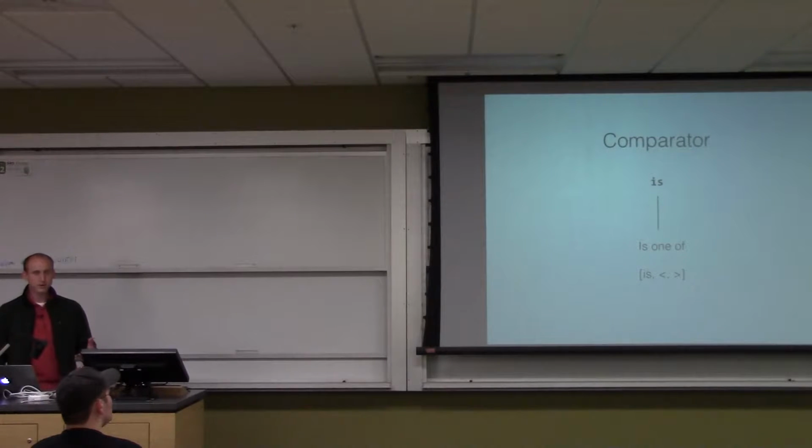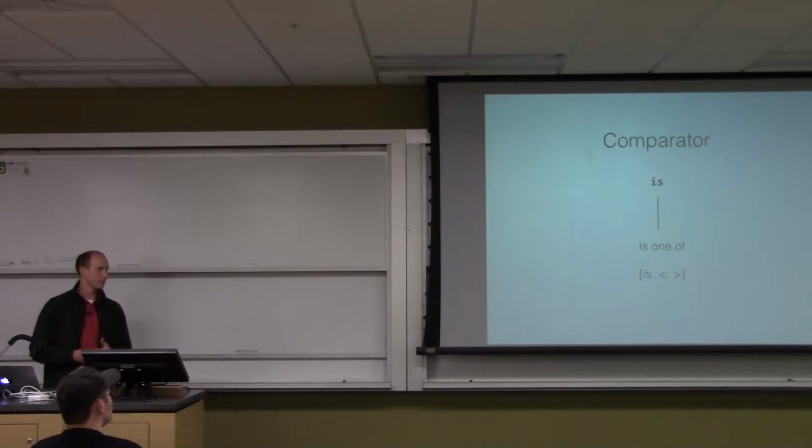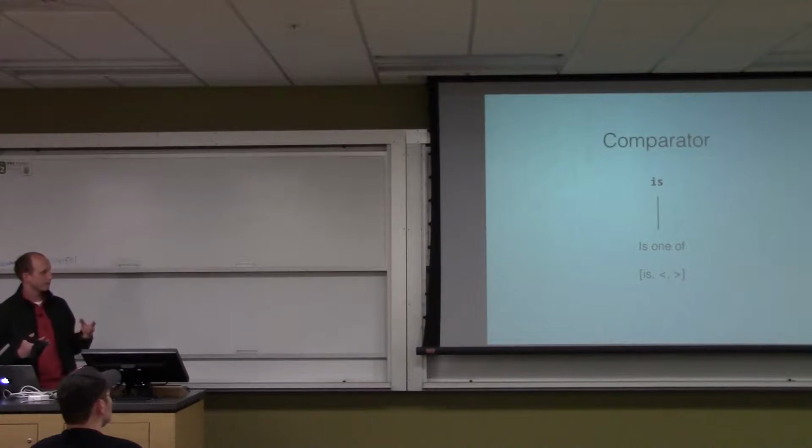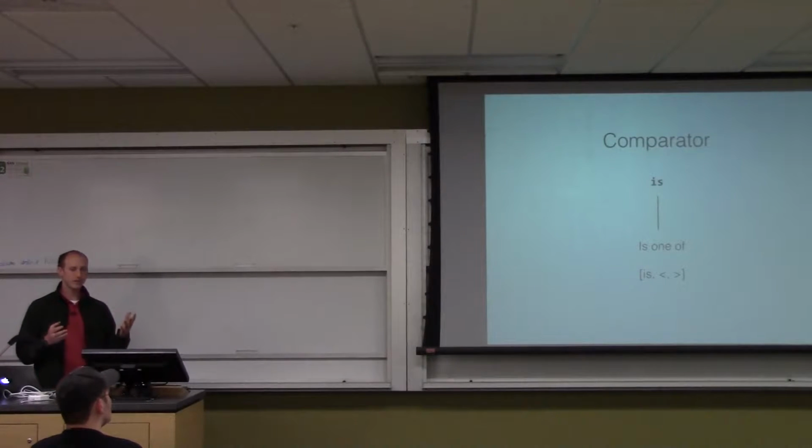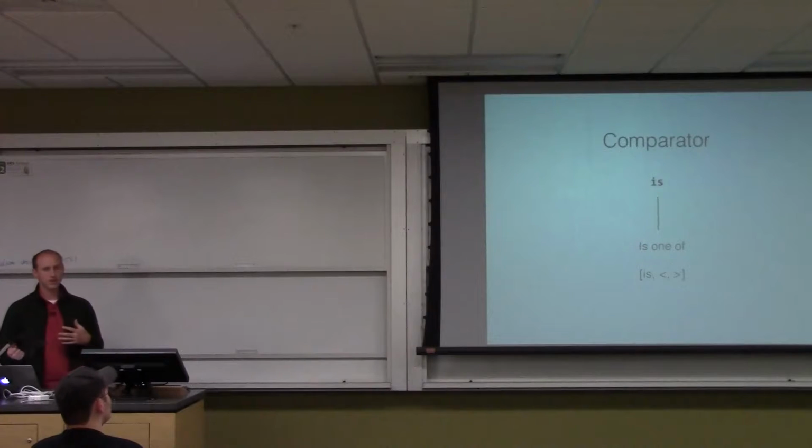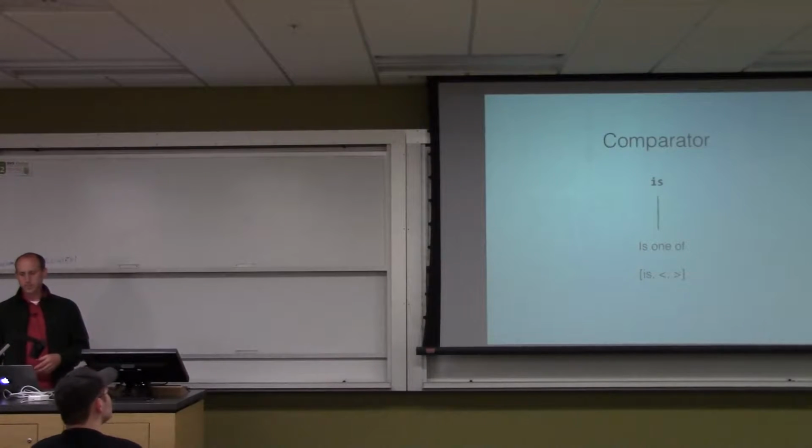And a comparator, for our examples, we're not really going to build out a fully fledged query language. So we're just going to say you can check if something is equal to, less than, or greater than.